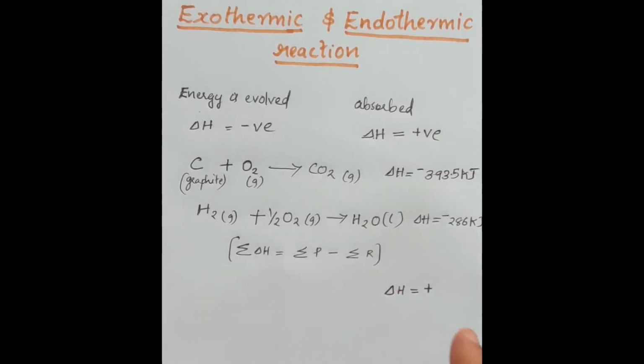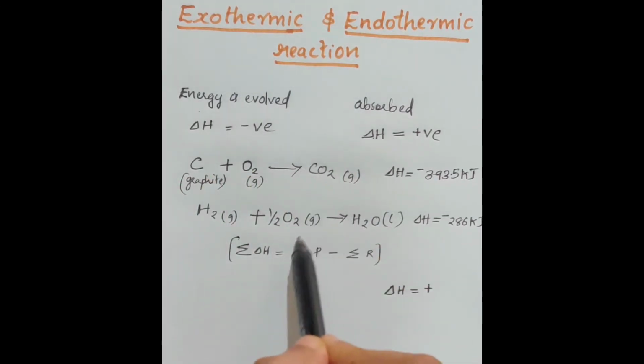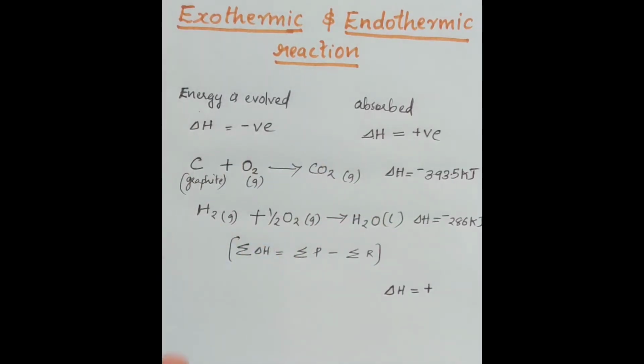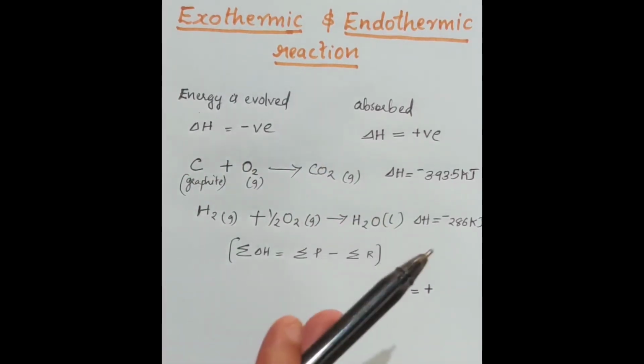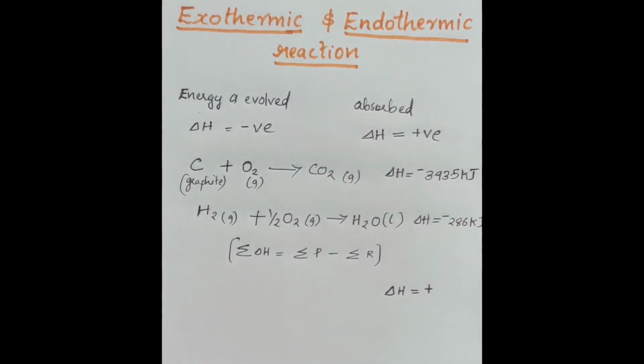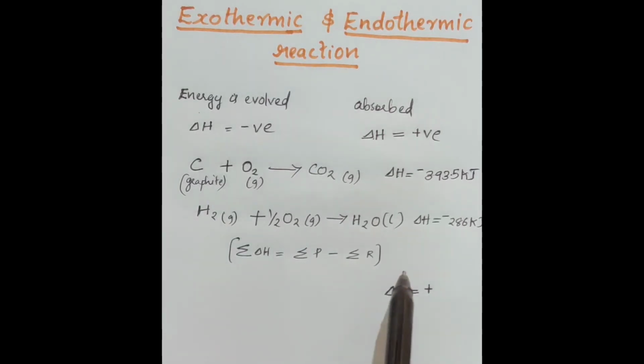We can say that the enthalpy of the products should be greater than that of the enthalpy of the reactants, because absorption of heat signifies an increase in the enthalpy, and consequently the enthalpy change is positive.